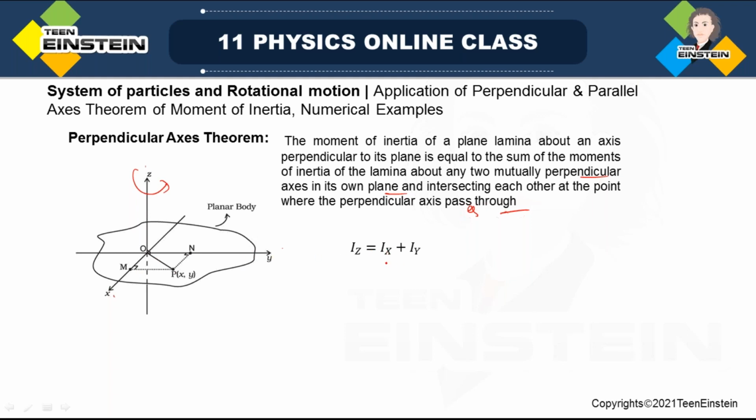So this is Ix, the moment of inertia about the x axis, and Iy, the moment of inertia about the y axis. These are two mutually perpendicular axes. If you calculate the moment of inertia about them and sum them up, you get the moment of inertia about the axis which is perpendicular to the plane.